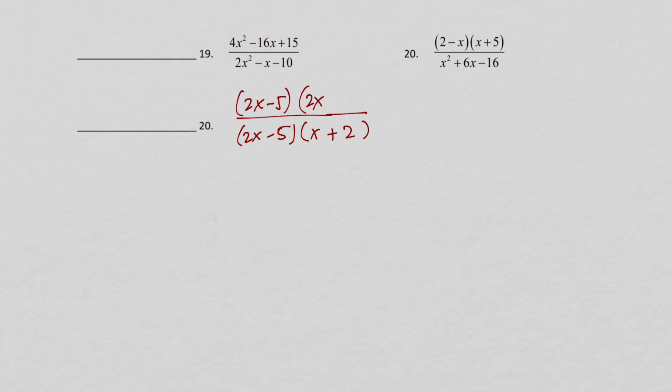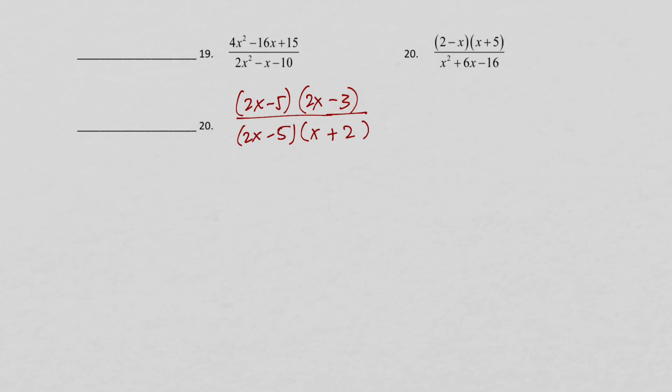And that makes this 2x, and this would have to be a plus 3 just because I know that this times this would have to equal this. And let's just make sure the middle term works. The outer is positive 6. Wait a minute. This is not positive 3. This is negative 3. Okay, let's try that again. So the outer is negative 6, the inner is negative 10, and that does give us that.